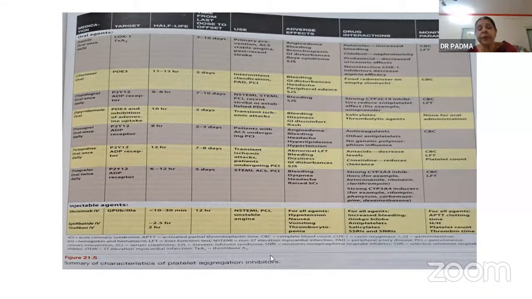Bleeding is very common because in the gastric mucosa there is the H plus K plus ATPase pump which secretes HCl, and the opposite is the prostaglandin which secretes mucus. Aspirin will inhibit the prostaglandin in the stomach, so that there is no mucus production. HCl is freely acting in the stomach, and this can proceed to bleeding after continuous use.